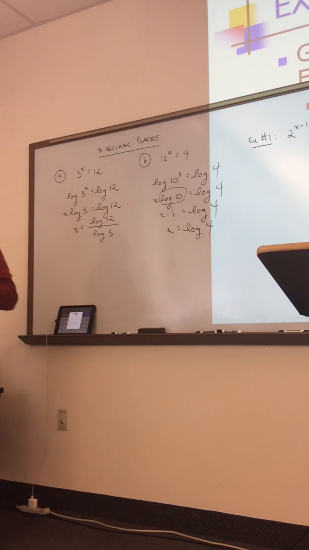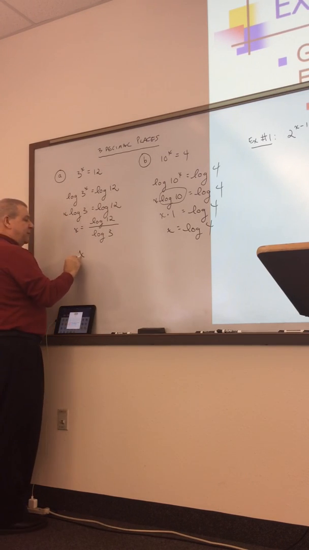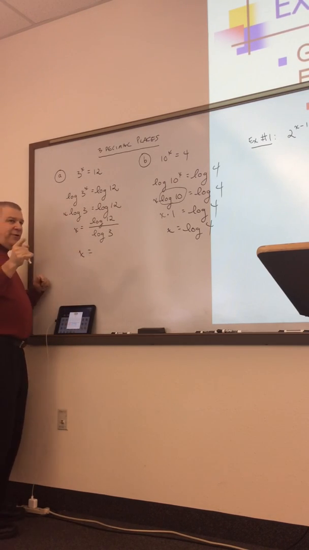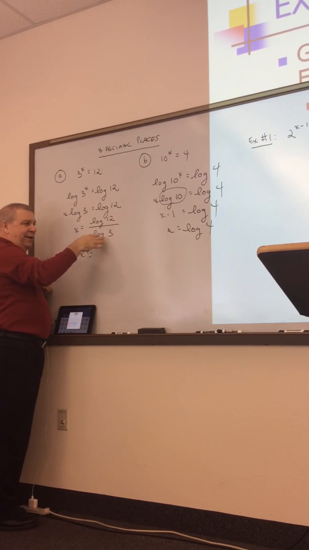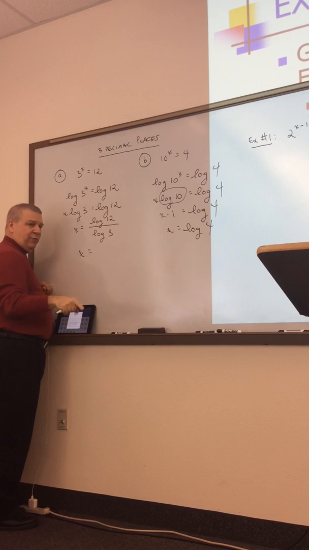Okay, now, with your calculator, everybody, you got to make sure you're entering things correctly. It says give the answers to 3 decimal places. So in your calculator, you're going to go the log of 12 divided by the log of 3. When you figure out the log of 12 and then divide by the log of 3, you're going to have to hit your equal or enter button.